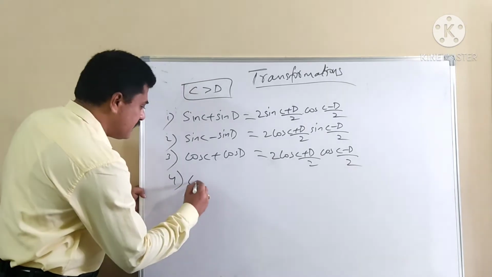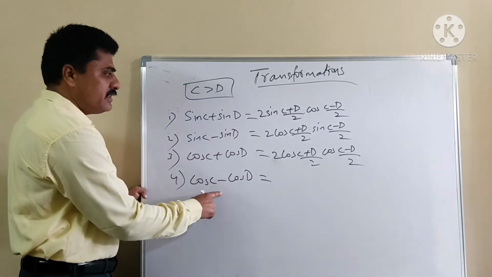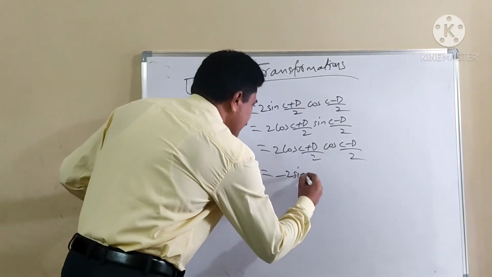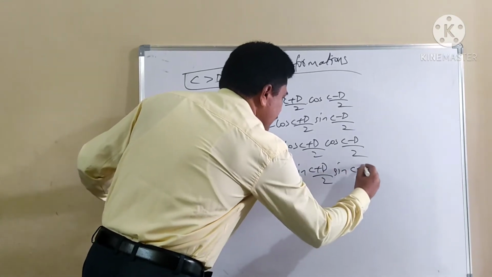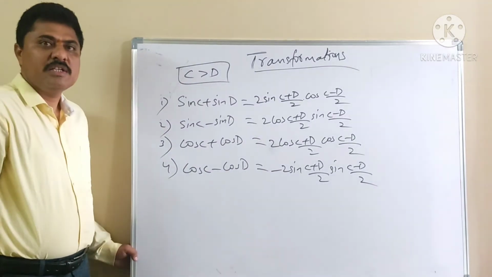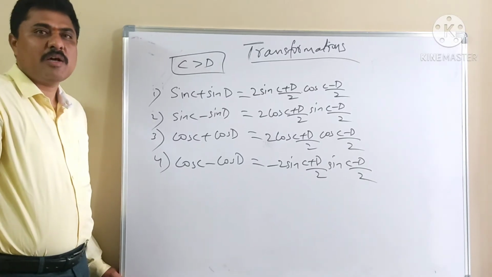Coming to the fourth one, cos C minus cos D. When the sign is negative, cos is converted to sin: that is minus 2 sin (C plus D) by 2 into sin (C minus D) by 2. These are the main formulas we use in solving the exercise problems.